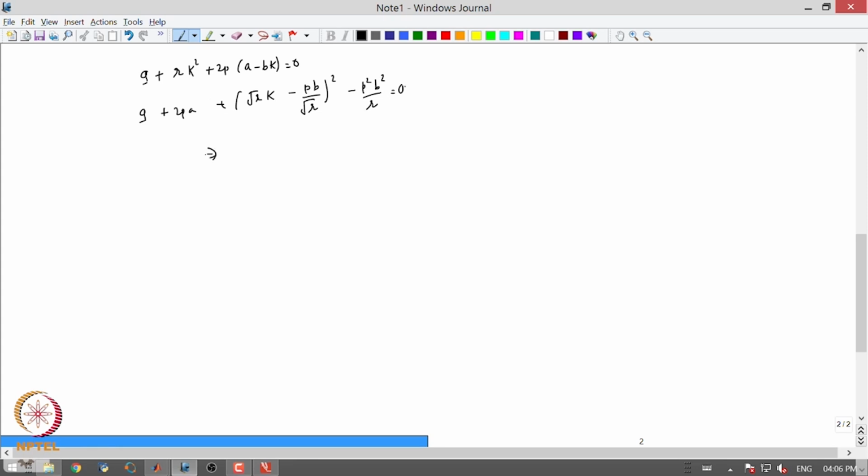Okay, this will have a minimum when this term over here is 0. That essentially means that k equal to p b over r. Okay. Now, this is what I derived, right.